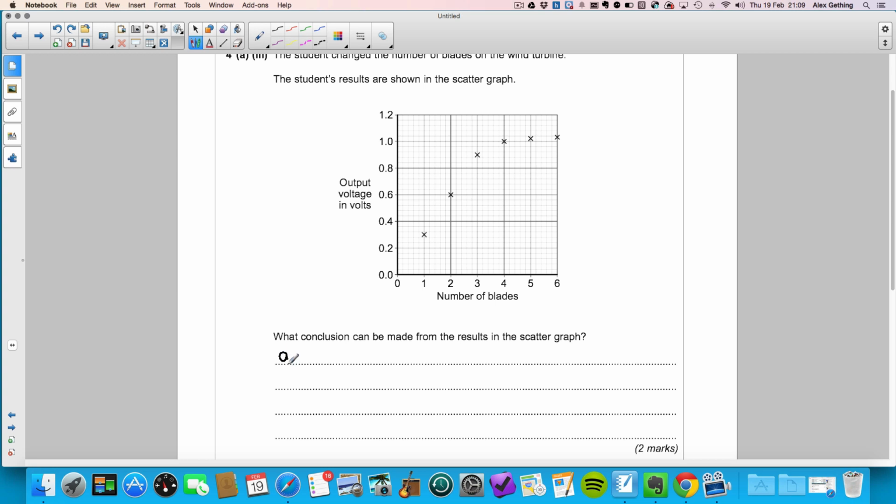So as the number of blades increases, so does the output voltage.